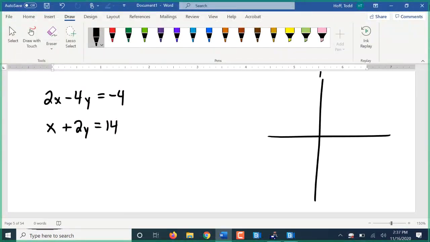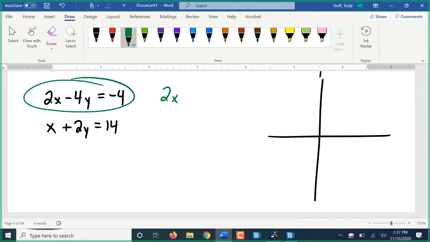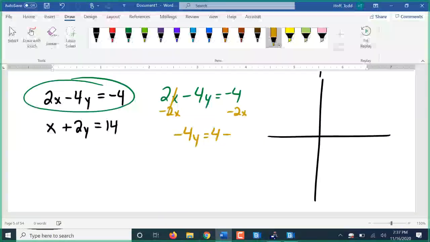Okay, so let's take a peek here. The top one, we'll rewrite it here, is 2x minus 4y equals negative 4. We solve that for y, we're going to subtract 2x. Negative 4y equals 4 minus 2x.